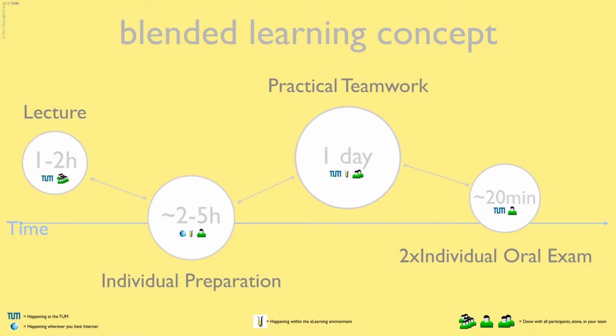Coming back to the structure again, we have the lecture, the individual preparation, practical teamwork, and then we also have 2 oral attestations. For that one you do it with your team partner, and so this is then the team grade. And to make sure that each of the participants got the most important points, we have this attestation, and in the attestation we will talk to you about, okay, did you get the most important learning goals?